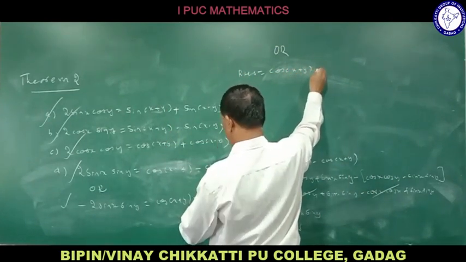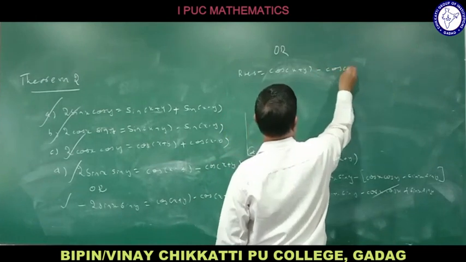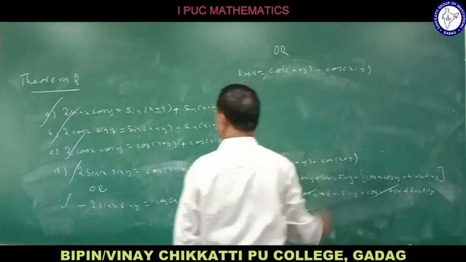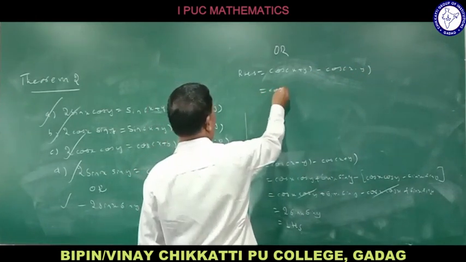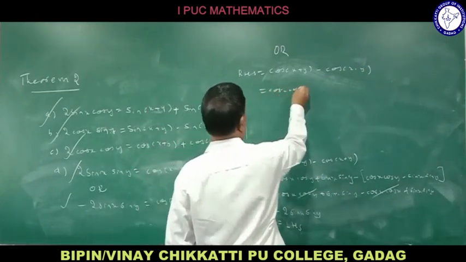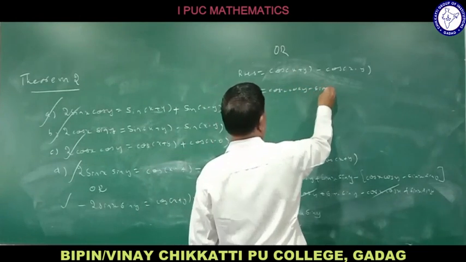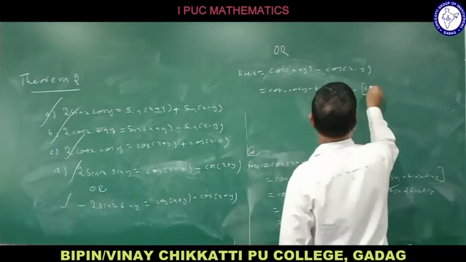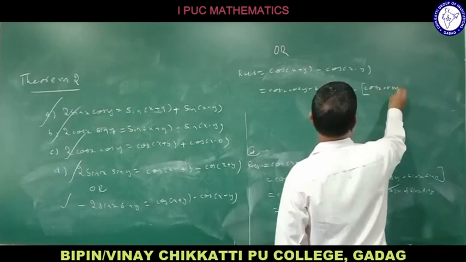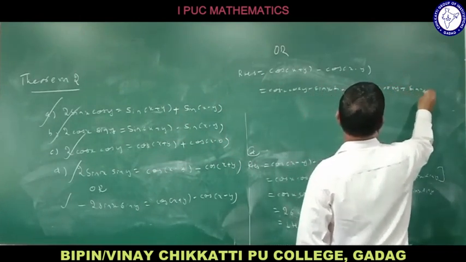Cos of x plus y minus cos of x minus y. What is this? RHS. Cos x cos y minus sin x sin y minus, into bracket, cos x cos y plus sin x sin y.